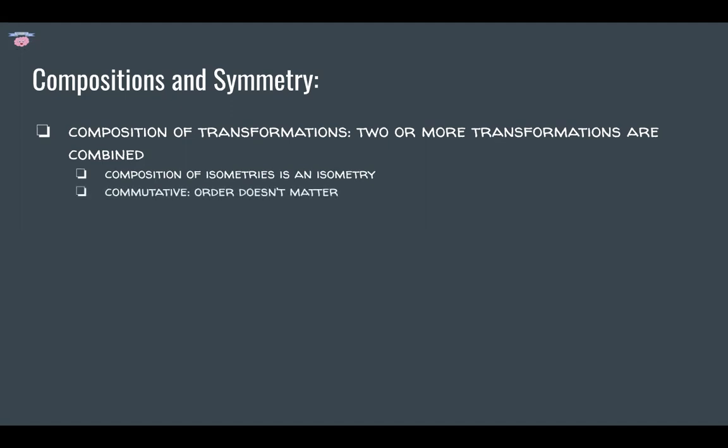There are certain types of compositions that are commutative, meaning the order doesn't matter. You may recall the commutative property of addition and of multiplication; that's basically saying order doesn't matter. Not all compositions are commutative, but I'll give you an example of some that are. Glide reflection, for example, is reflection and translation parallel to the line of reflection.